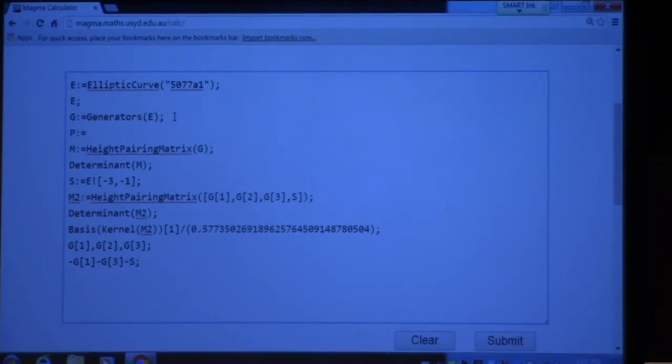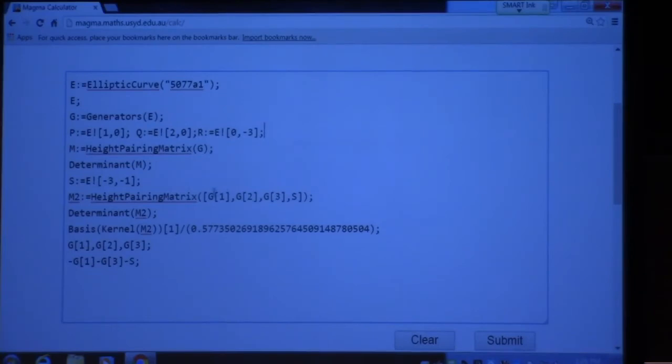What were my P, Q, and R? Let's say P was 1,0. Q was 2,0. And R minus 3.